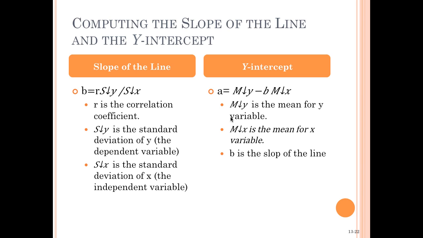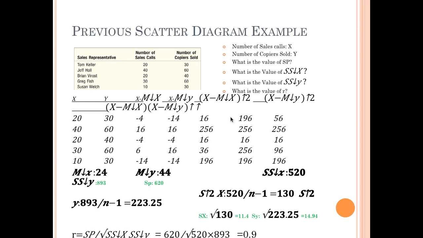So actually computing it, the slope of the line is your correlation times the standard deviation of Y over the standard deviation of X. And to get your Y-intercept, you take the mean of Y and subtract the slope times the mean of X. And so for the same example earlier, you would divide your sum of squares for X and Y by the number of pairs of scores minus 1, or the number of X's minus 1, and then the number of Y's minus 1.